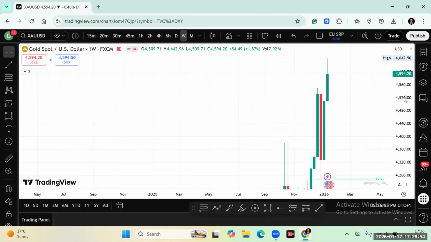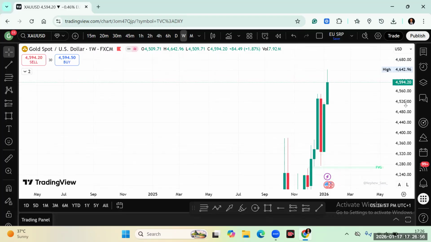Of course, gold is not always moving in the direction of the US dollar. There are a lot of factors that affect gold. If there's tension in the global economy, a lot of things have been happening. People are worried that the US economy, the global economy, is weak, and they have been putting their money in silver and gold.